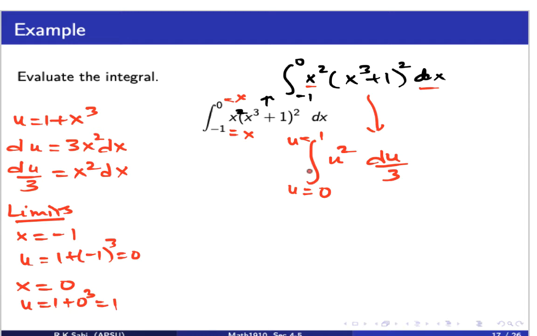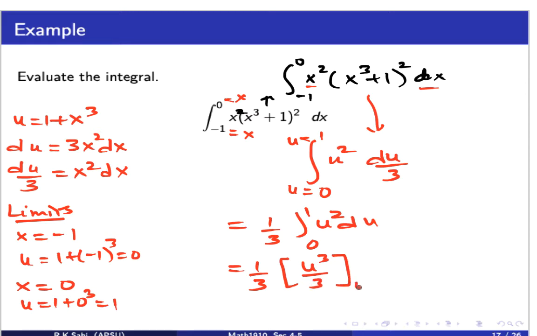Now we need to know how to solve these definite integrals. Remember the first fundamental theorem of calculus? So the first thing we have to do is take 1/3 out and then write the integral from 0 to 1 of u squared du. Notice this is now going to be 1/3, and inside is going to be u cubed over 3, from 0 to 1.